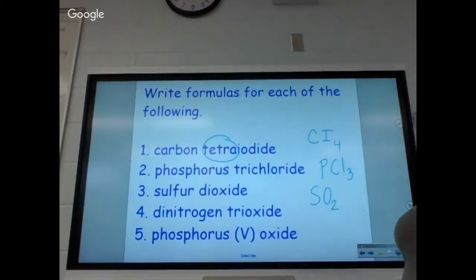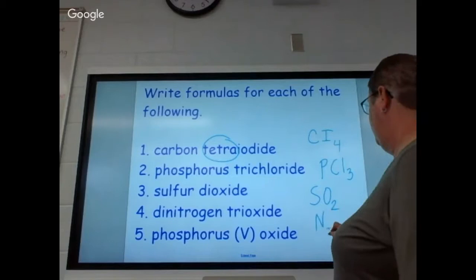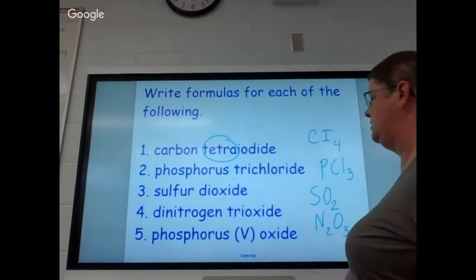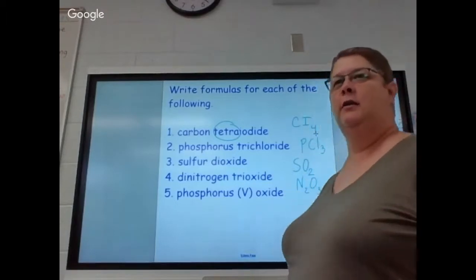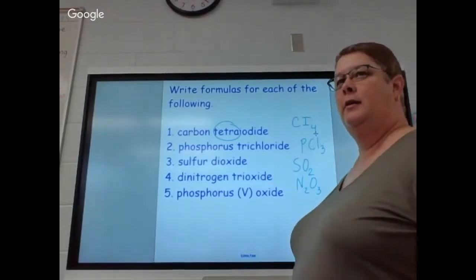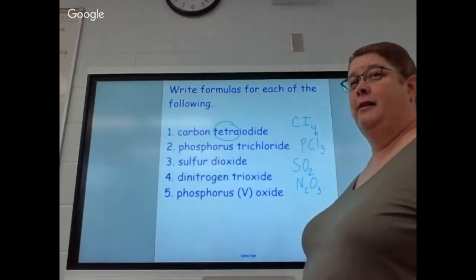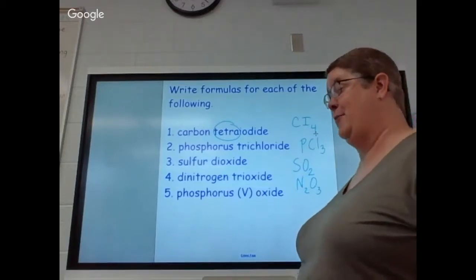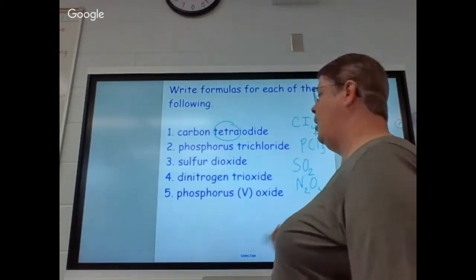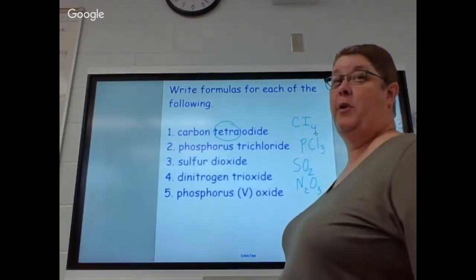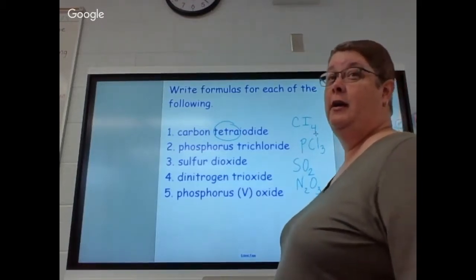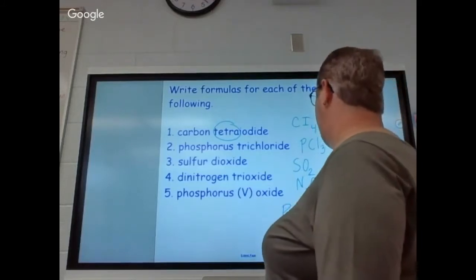All right, dinitrogen trioxide. All right, and then I put in a stock system one to make sure you didn't forget how to do that. Almost. What you got? You got PO5 too? All right, so I got PO5.